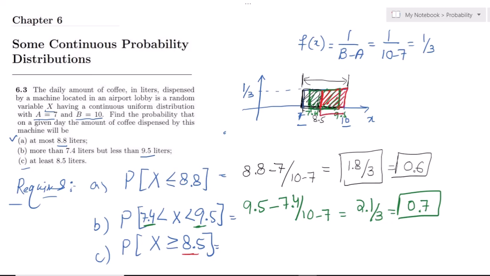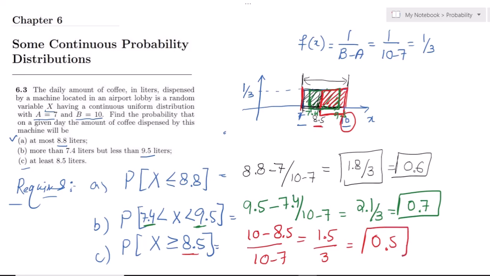So we have to find out the probability of this area as compared with this overall area which is here given in this blue. So it would be 10 minus 8.5, which is the higher value minus this lower value, divided by 10 minus 7. So it would be 1.5 divided by 3, so it would be 0.5, and that is basically the solution of part C of my question.